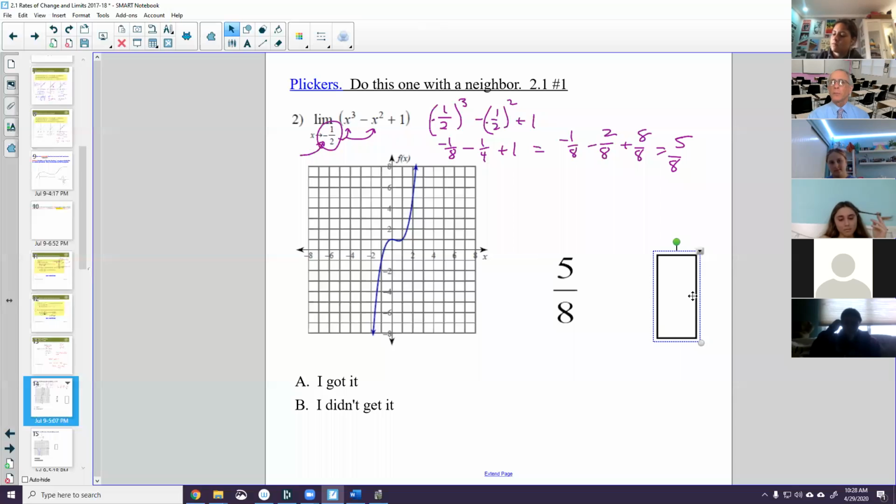We win the prize. And let's just take a look at our graph here. So at x equals negative, this is a hard graph to read. It's kind of tiny, right? But -1/2 would be right about here, and it's less than 1. So yeah, it looks like it could be 5/8. I'm pretty comfortable with that.